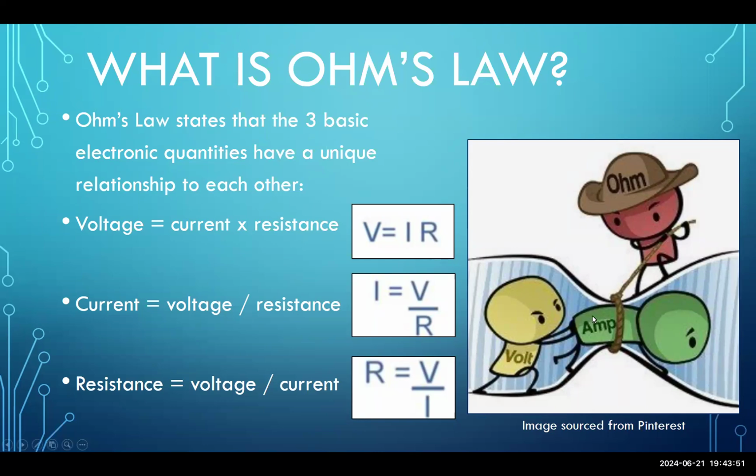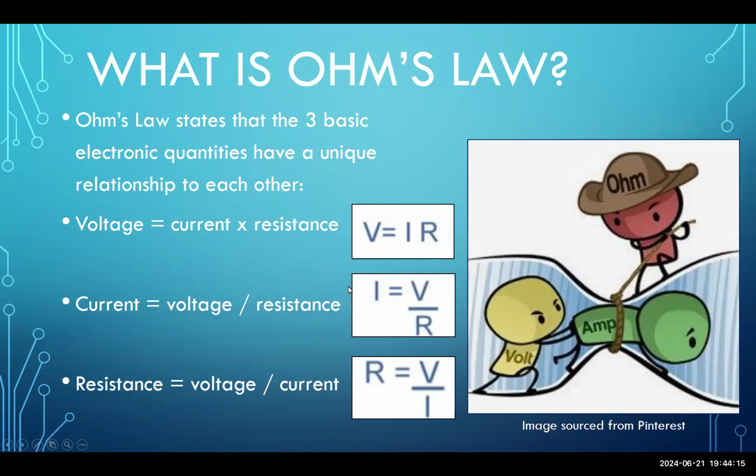And the electricity is shown by the little green character, amp. Amp is the unit that designates the amount of current that flows through a channel, a conductor, a wire. And so you can see there's a direct relationship between the amount of resistance that will constrict this water hose to the amount of current that can be pushed through.